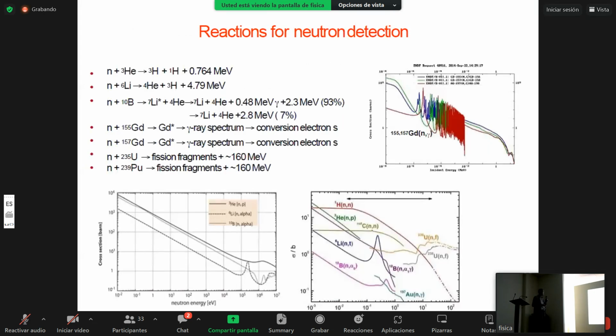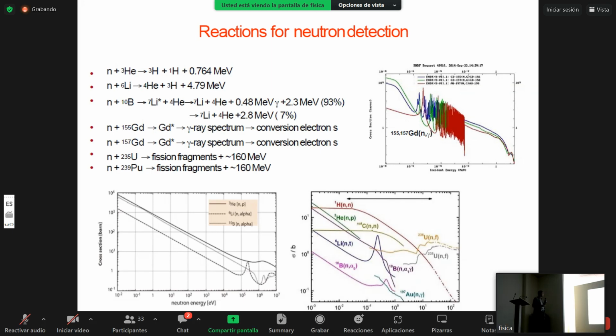So I remind you about reactions which are used to detect neutrons. Here we are talking right now only about thermal neutrons. The first one is neutron plus helium-3, and this reaction leads to two charged particles, triton and proton, and release of about 0.7 MeV of energy, which is distributed between these two nuclear recoils.